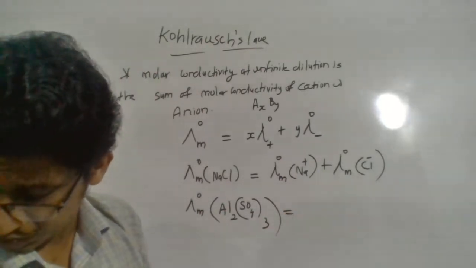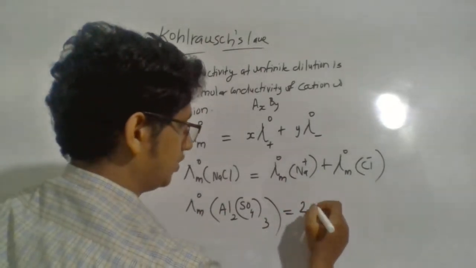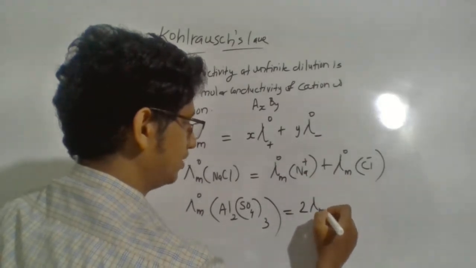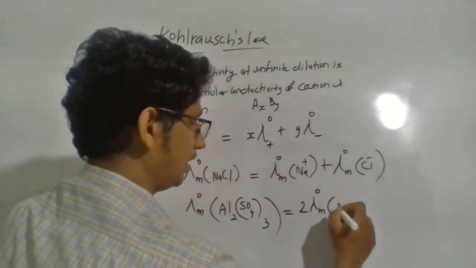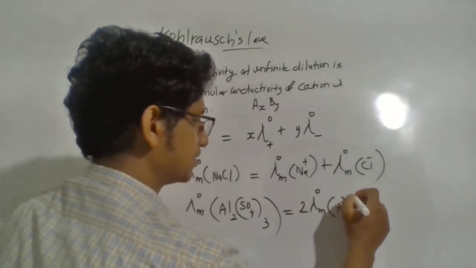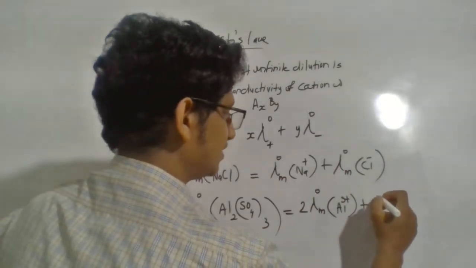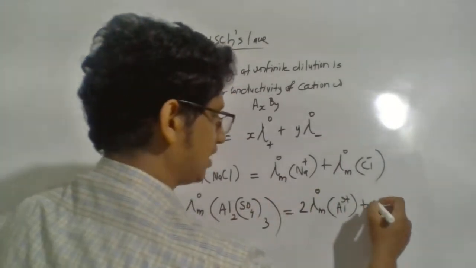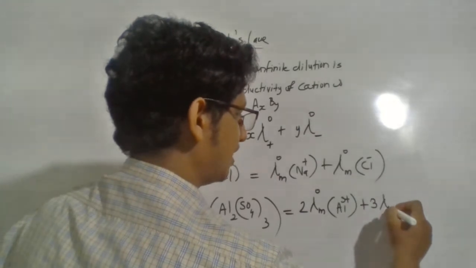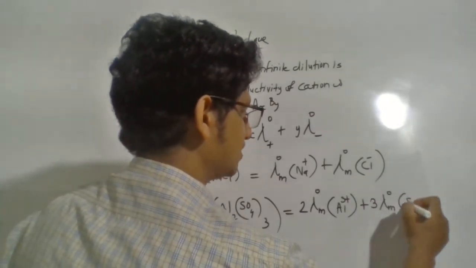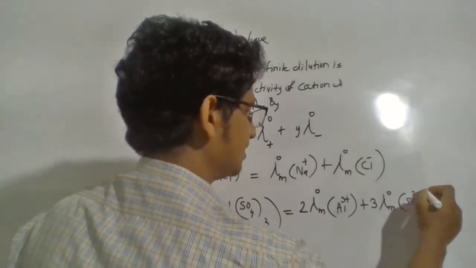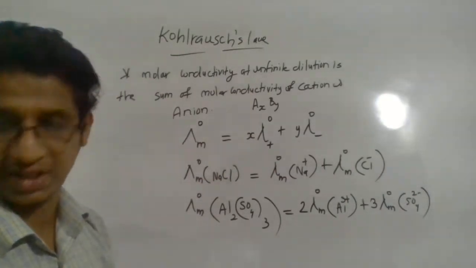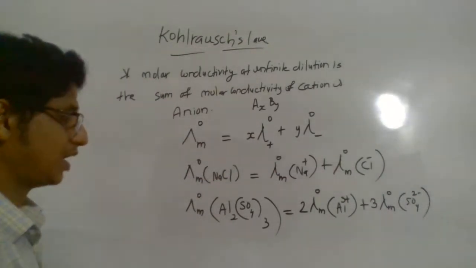It will be 2 into lambda m0 Al3 plus, plus here how many sulfate? 3 into lambda m0 SO4 2 minus. This is the value we can have for aluminum sulfate.